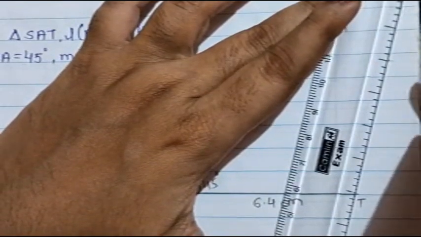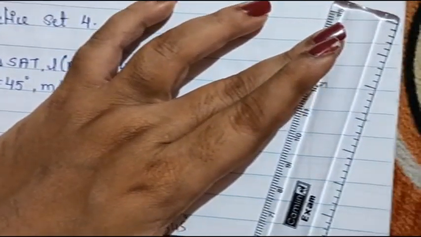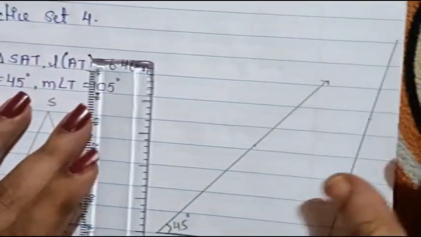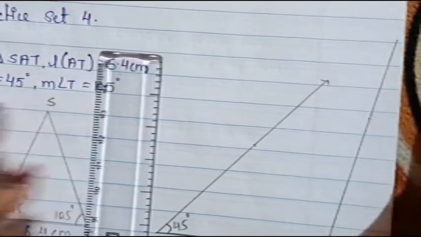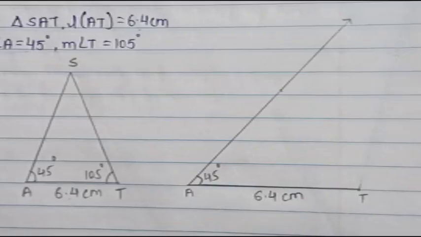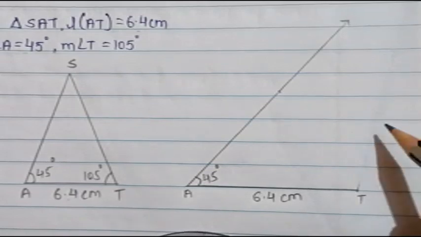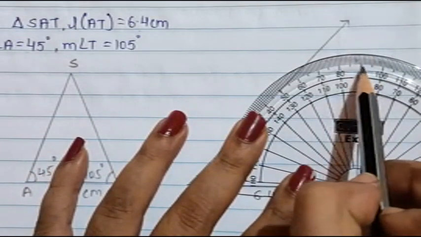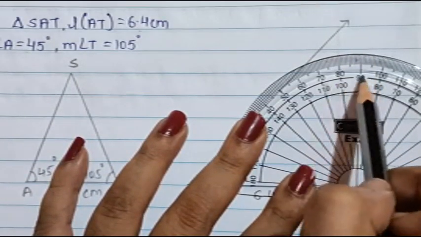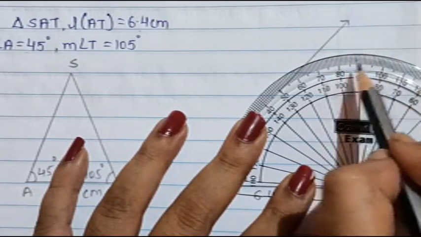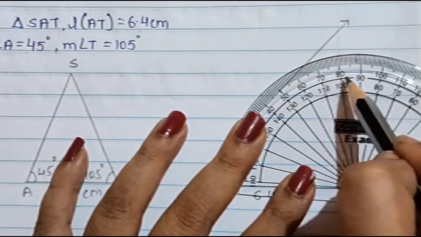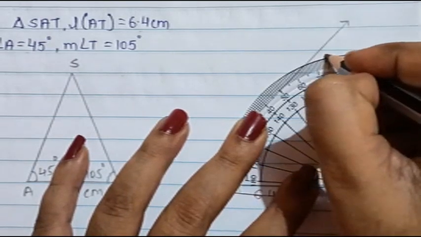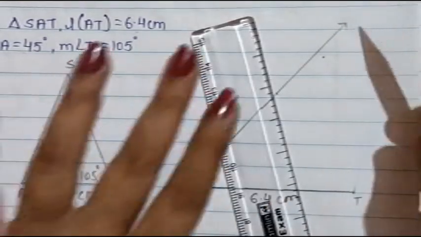Now students, this point will extend till here. Okay, and now I'll extend this line also. Students, now I just erase that thing. What you are supposed to do is that it's 105, so it is always more than 90 degree. So it will be here, between this 100 and 110, it's here 105. So I'll place the point and then I will join it.